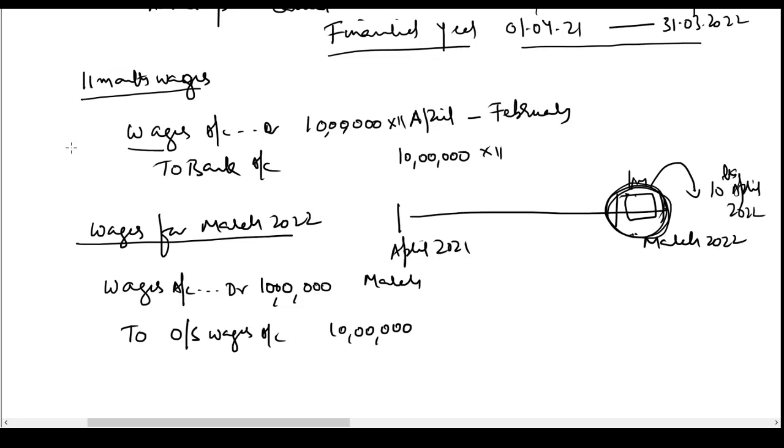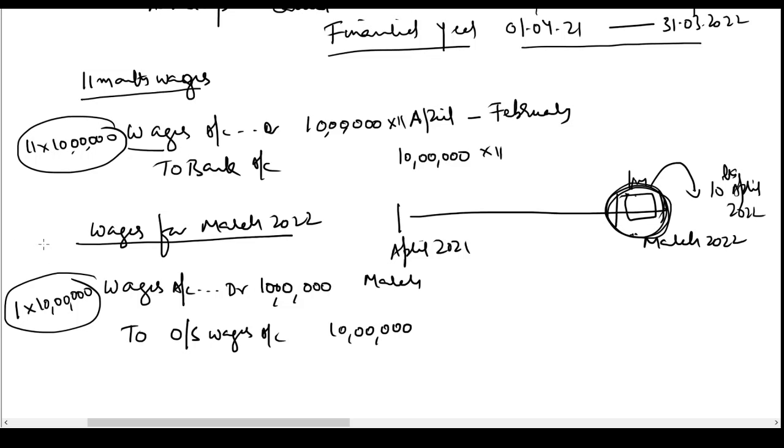So this was 11 into 10 lakh for 11 months. This is 1 month, 10 lakh rupees. That means we have now recognized totally 12 months expense in our books of accounts. Totally 12 months. 11 months paid in cash and 1 month is not yet paid.